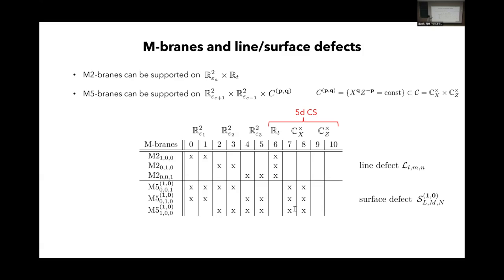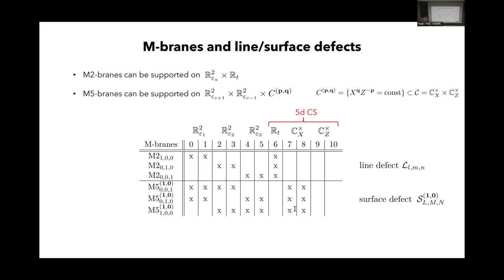As I said, M2 branes wrap one of the R2 planes, so that's 0, 1, 2, 3, or 4, 5. But it also wraps the R_T. So in the effective 5D Chern-Simons theory perspective, I don't see the R2, R2, R2 factor. I only see the defect object that's wrapping the R direction. So in other words, any M2 brane gives rise to a line defect in the 5D Chern-Simons theory.